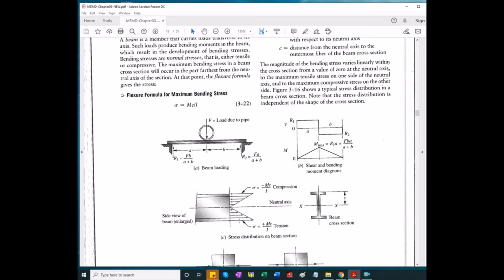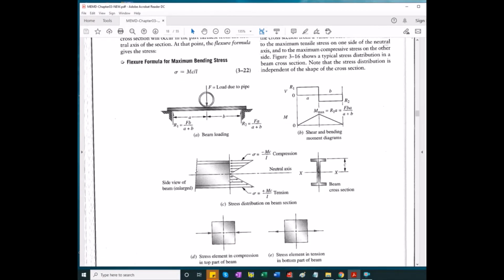Away from the cross section means tension. Anyway, the direction of the arrows indicates whether it's tension or compression.